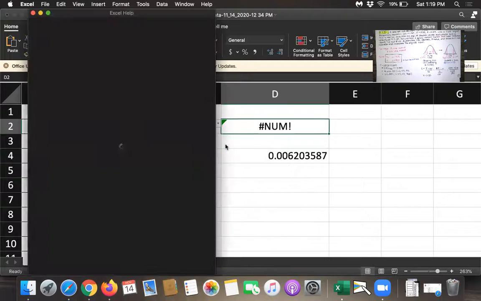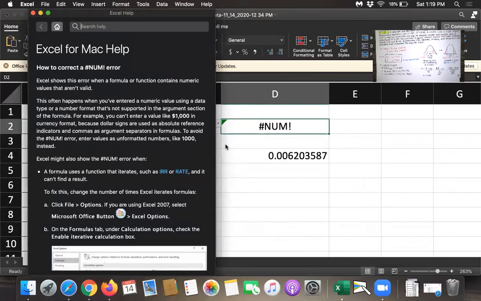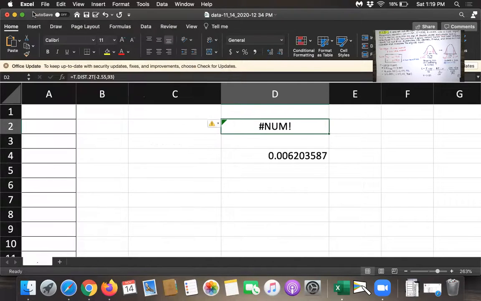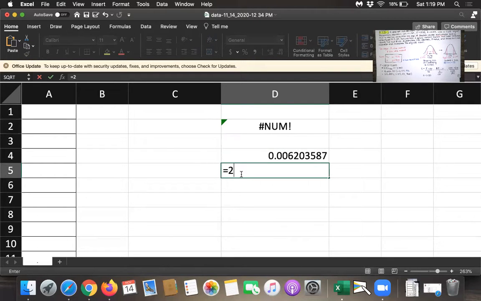Help on this error. Okay, something was happening with the iteration. Well, it doesn't matter. We can still use t.dist, and that's giving us the area to the left, but we want to double it. So I want 2 times that area to the left, which gives me this.